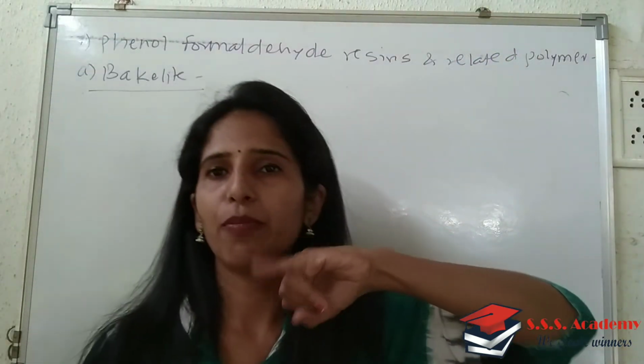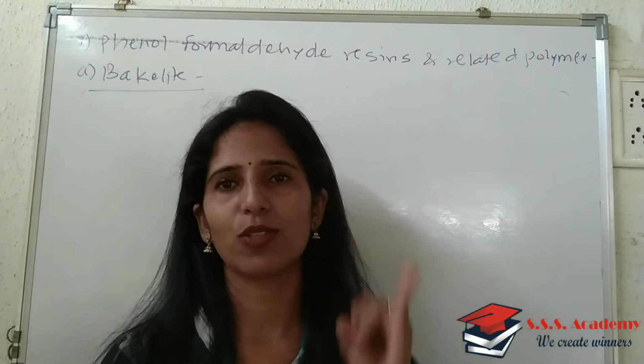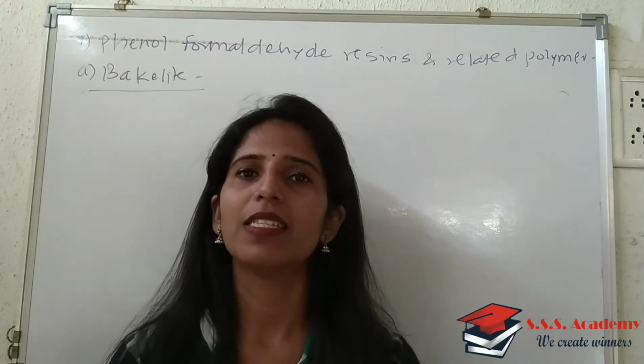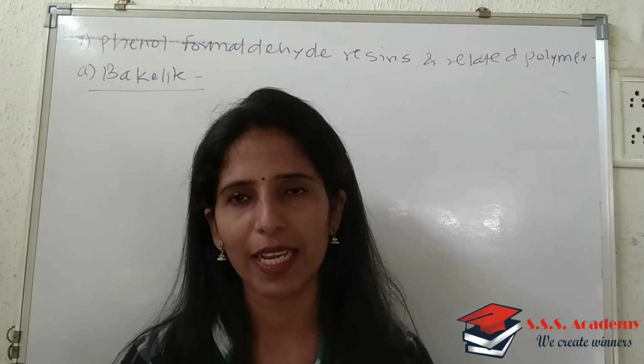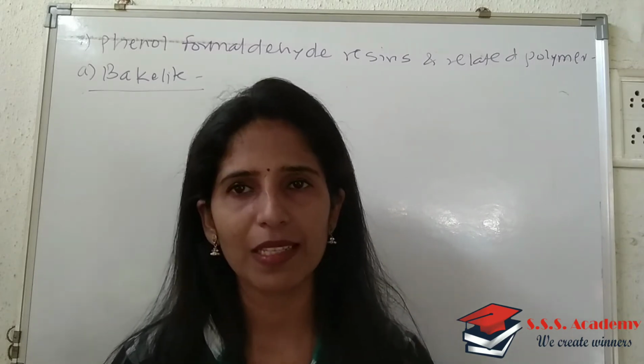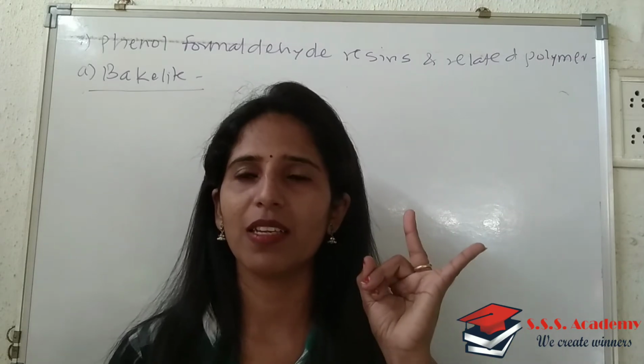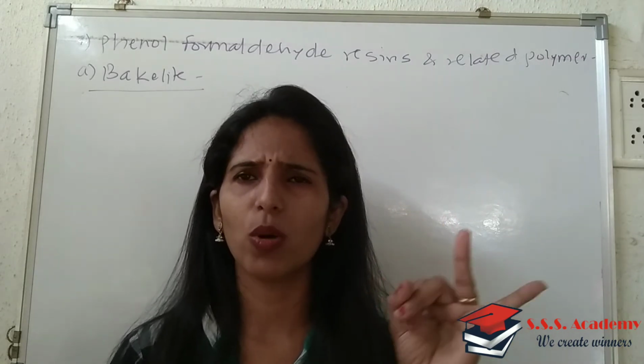Then I told you some points. First point you are supposed to write, it is obtained by the polymerization of phenol and formaldehyde. In second point you will write phenol and formaldehyde in presence of acid and base as a catalyst will give you novolac in the first stage, that is the starting material, that is the molding powder.